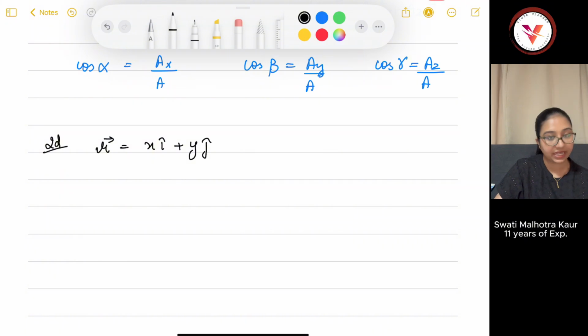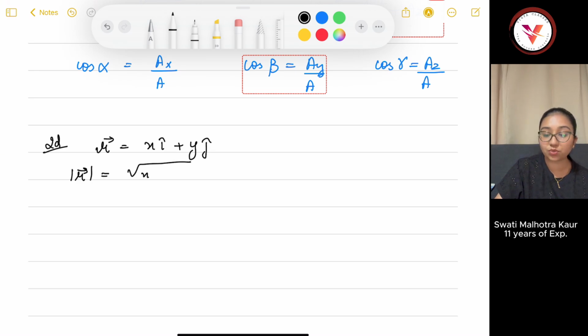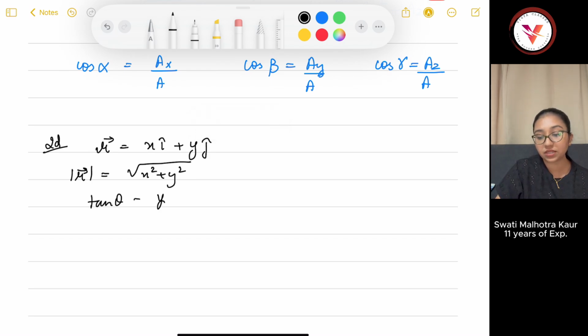X and y can take any values, and for its magnitude you square it, x square plus y square, and to get the direction, it's simply tan theta, which is y by x. Theta is the angle between this resultant vector and the horizontal base.